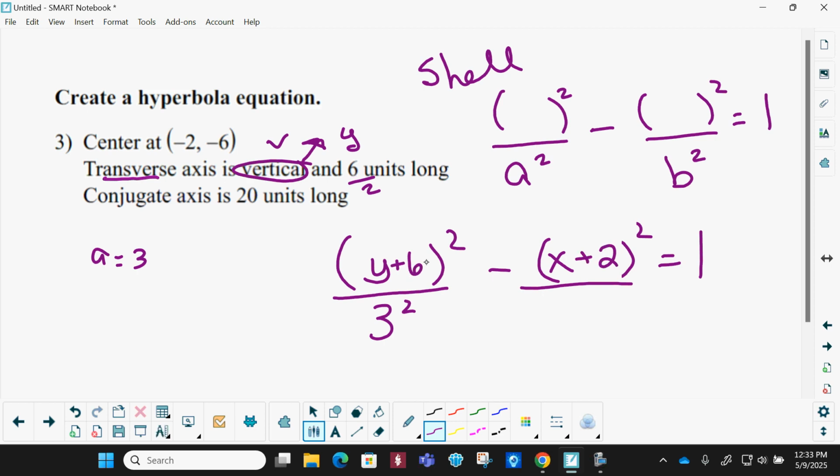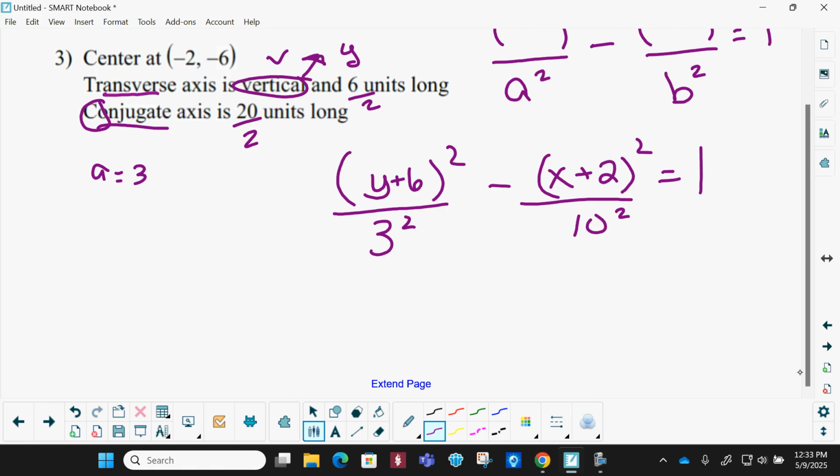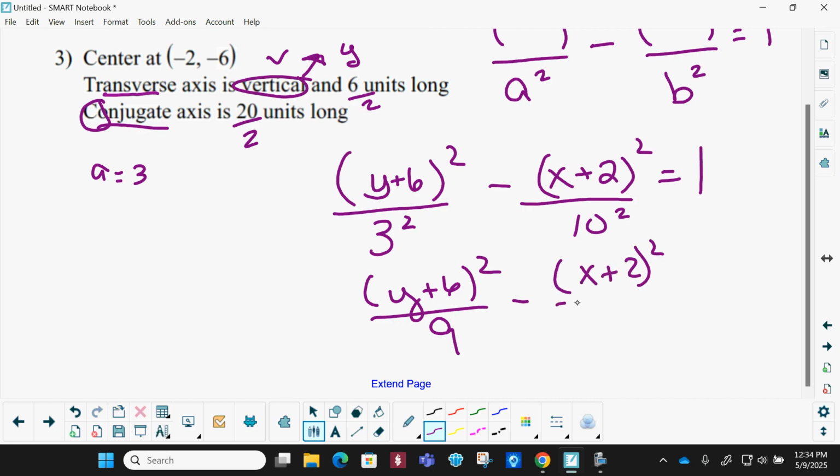So please be careful if y comes first. That -2 does not. Conjugate, again, co-vertices, conjugate. Again, it's long, divide by 2, we get 10, and we square that. If you want a prettier way to write this, we get y plus 6 squared over 9 minus x plus 2 squared over 100 equals 1.